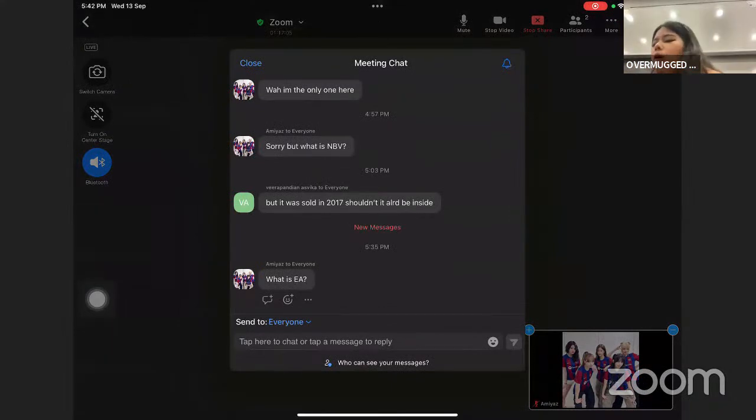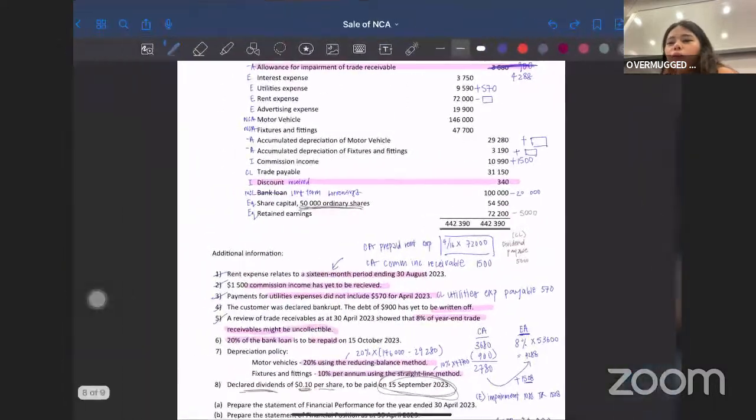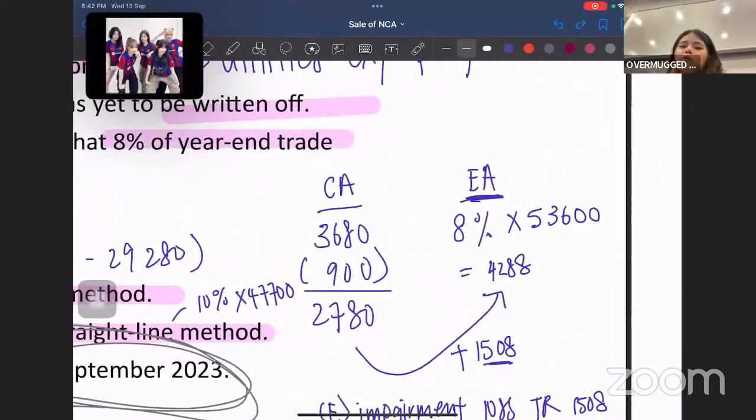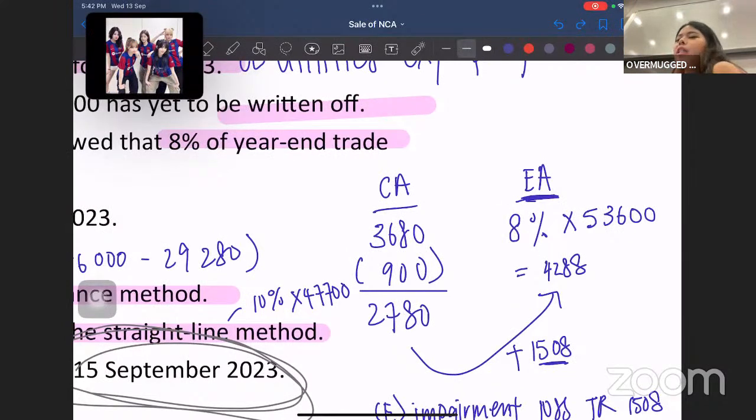What is EA? Oh, okay, so those not my student one, we can run through the trade receivable. So for me, I usually use this method lah. So CA stands for current allowance, which is what allowance I have right now. Then EA stands for ending allowance. So what is the allowance that I want to have at my year end?